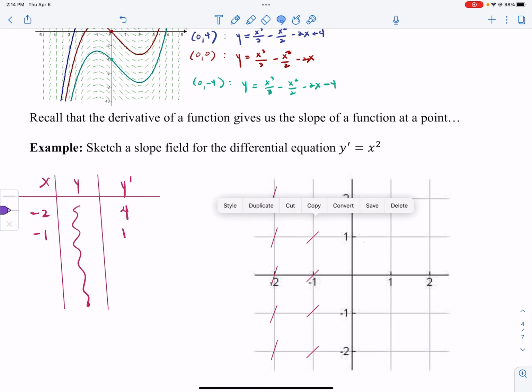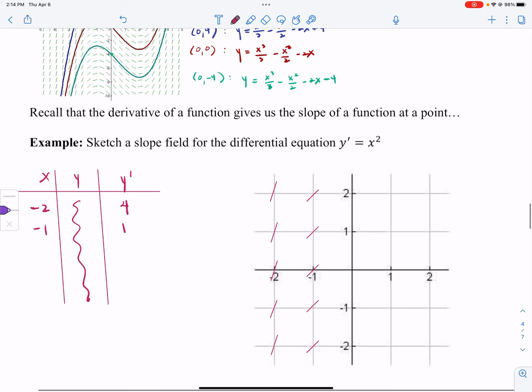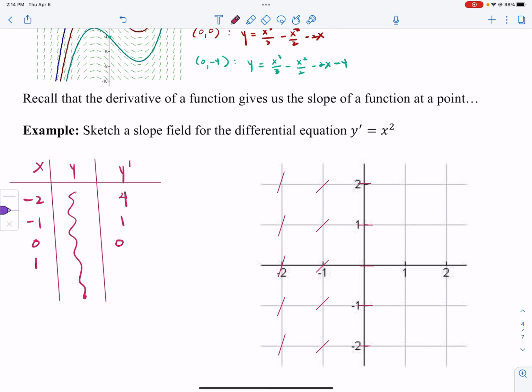Just do the best you can. Okay. And then when x is equal to 0, y prime would be 0. So horizontal tangent lines. And then when x is equal to +1, y prime would be 1.